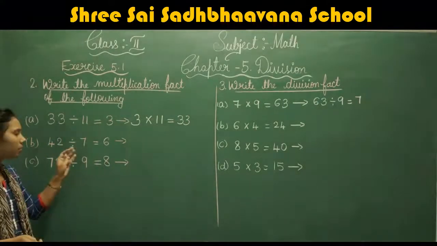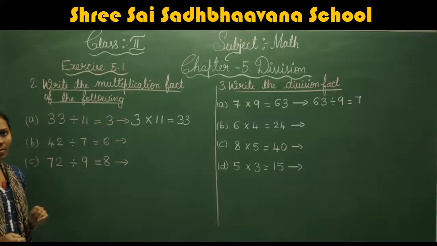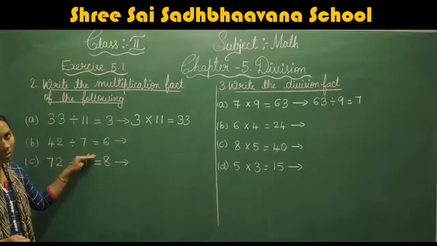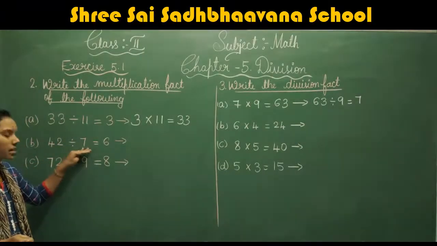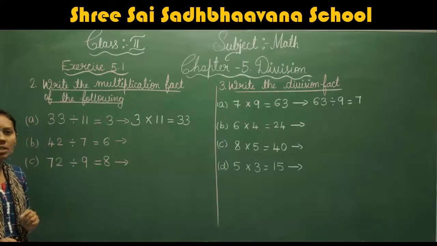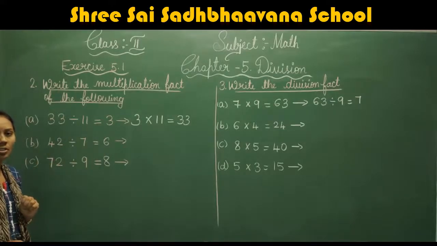Okay children, in the same way, the second question, 42 divided by 7. When you divide 42 by the divisor 7, how many times does 7 go into 42? 6 times. That is your quotient. Right children?